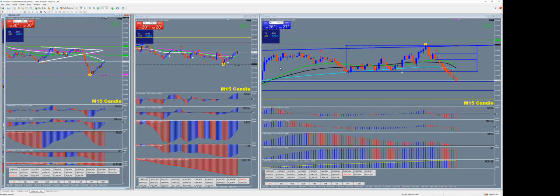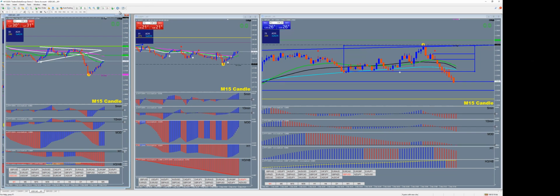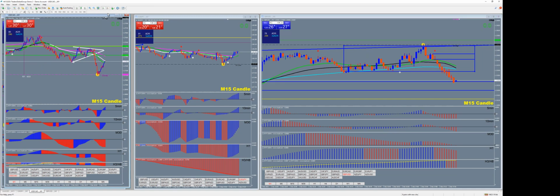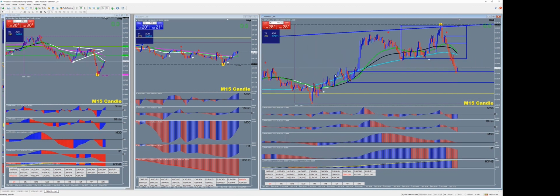Okay, 10 seconds. So it held, so you could theoretically do, oh, look at that. Just kidding. They turn back to blue. That's why it's important that you wait till the end of the bar.